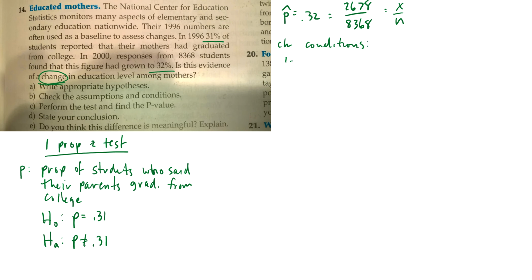Okay, first condition. Of course, this gets pretty routine here, but because it's routine, you can't slack off on it. Respondents from the 8368 figure shown, this doesn't really say anything, so we're going to assume a representative sample of all students.